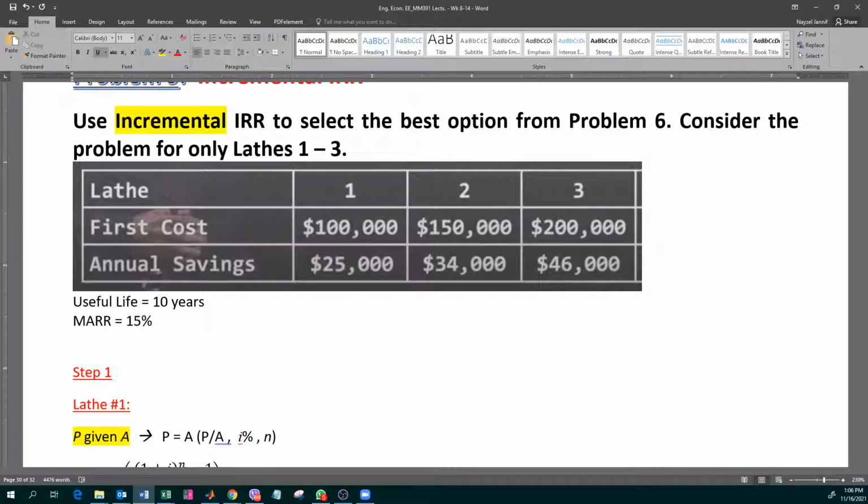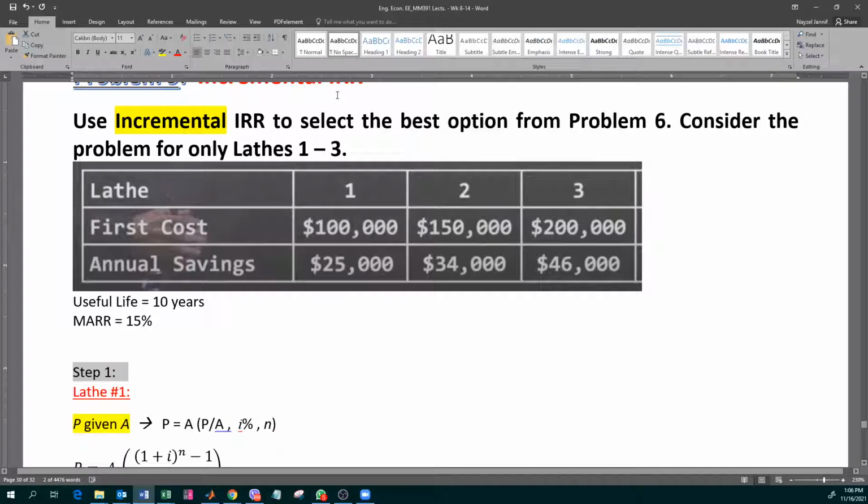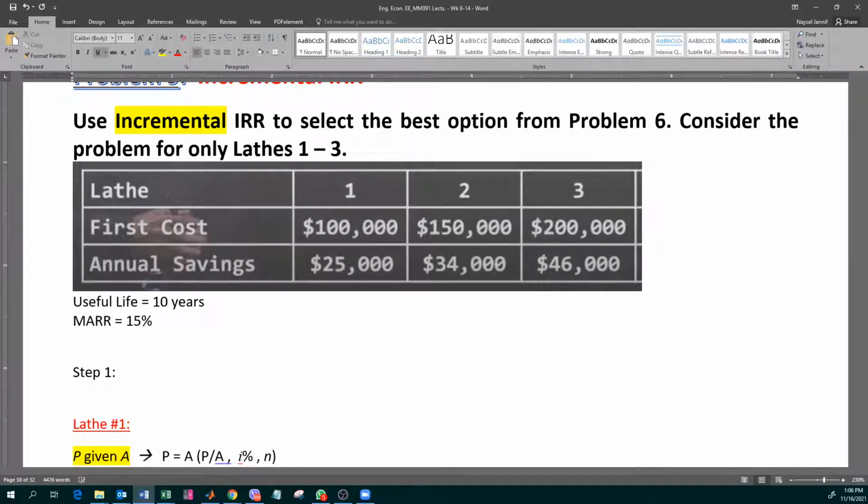Step 1: we must order the devices from cheapest to most expensive, and we then compare against the cheapest.